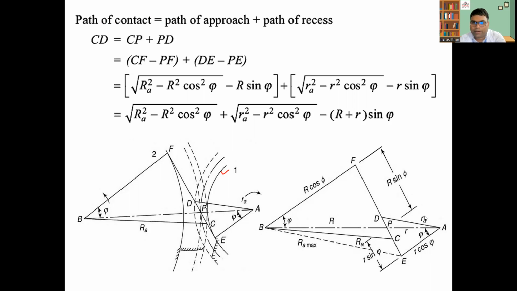So we can write the formula and find the value of CP.